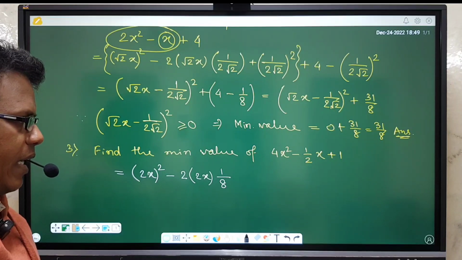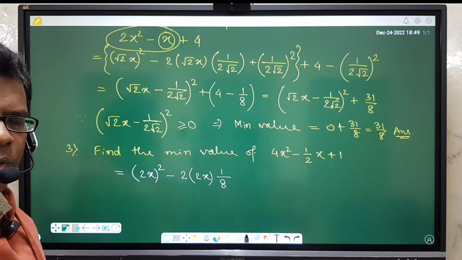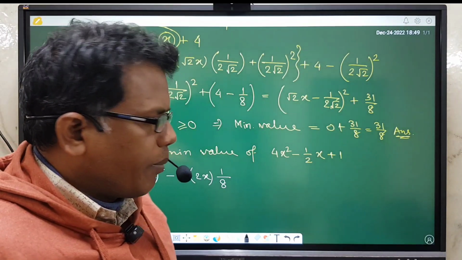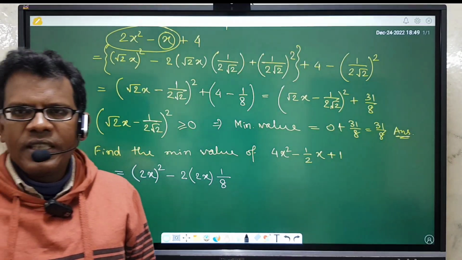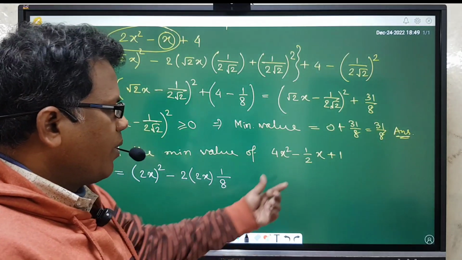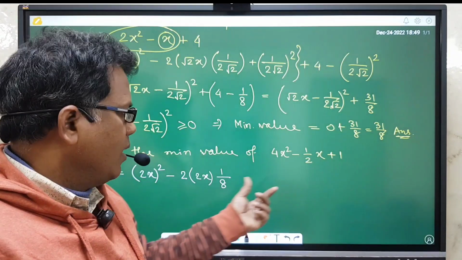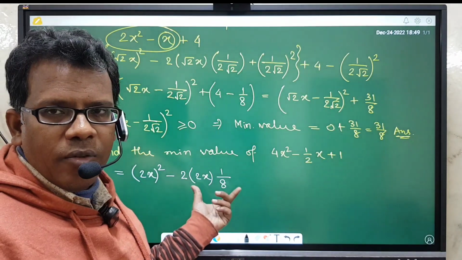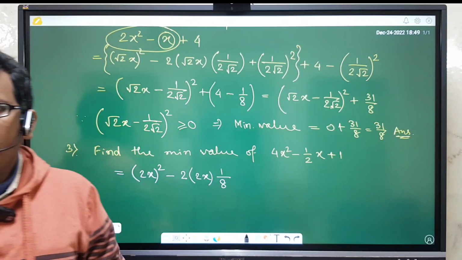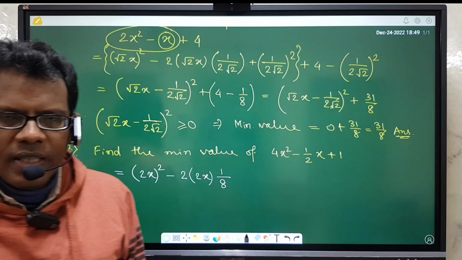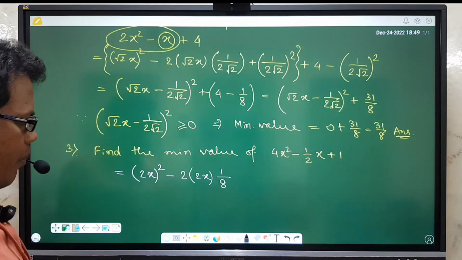We can rearrange it to represent that middle term in the form of 2ab, but we cannot change its value. So value wise it is half of x. So I need to maintain the value of half of x, but while maintaining the value I can represent it as if it is 2ab.